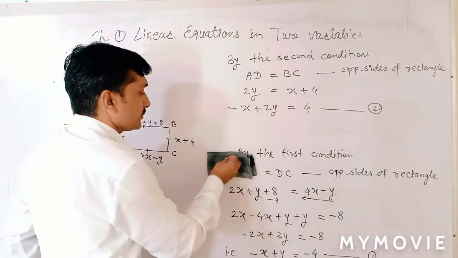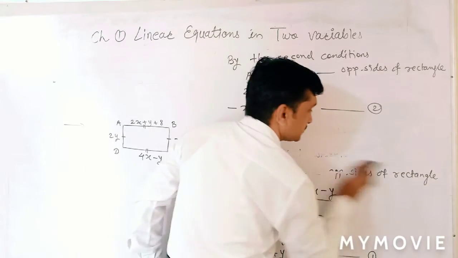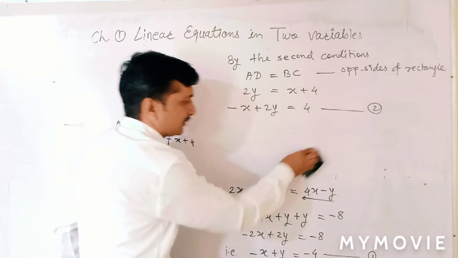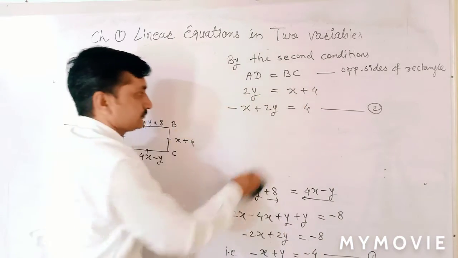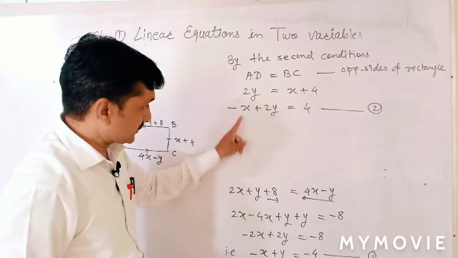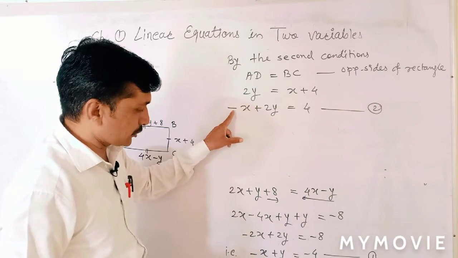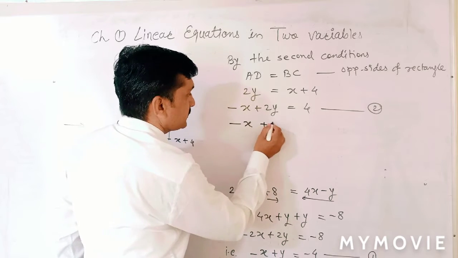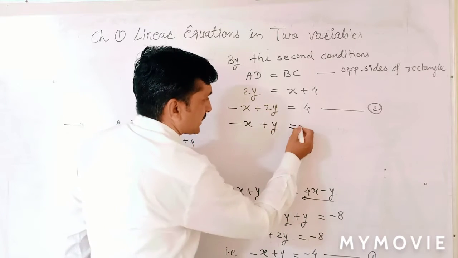Now we have to solve equations 1 and 2 to get the values of x and y. Equation 1 I write here: minus x plus y is equal to minus 4.